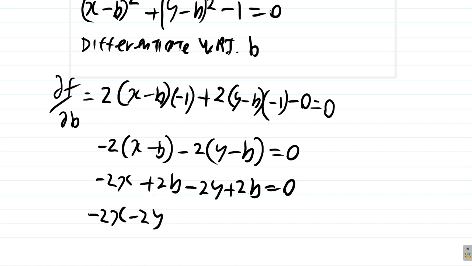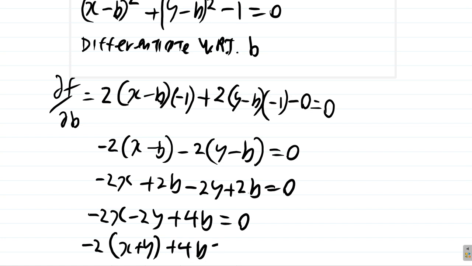And we see that positive 2b plus 2b is going to be 4b. So we say plus 4b equals 0. Alright? Let's factorize here. Factor out the negative 2. Negative 2 times x plus y it would be. It would be x plus y plus 4b equals 0.